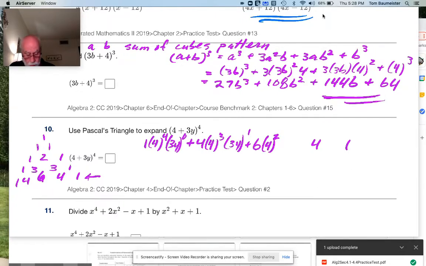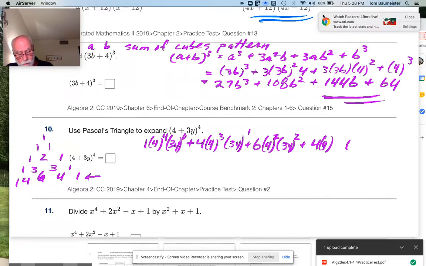Notice how the 4's are going down and the 3y's are going up. And then I'll have plus 4 times 4. I didn't give myself enough room there.